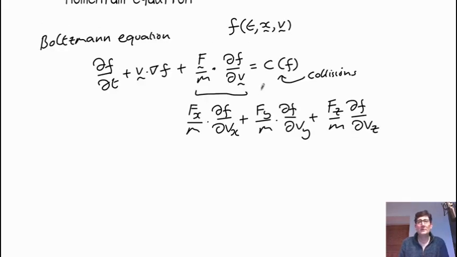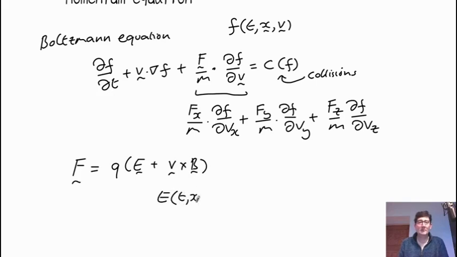So from this equation we can derive fluid equations, but first we need to put in an expression for this force. In plasmas, the force we're mainly going to consider is the Lorentz force. So it's the charge, times the electric field, plus the velocity crossed with the magnetic field, so the force depends on the velocity perpendicular to B. And now E and B are time-dependent quantities which vary in space, and these of course couple to Maxwell's equations.